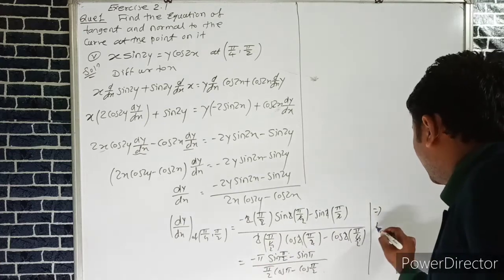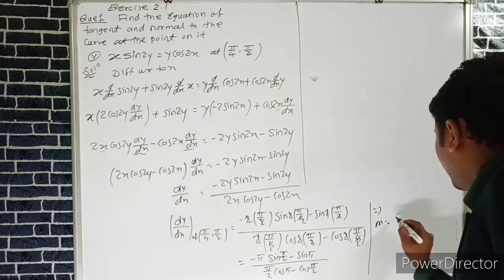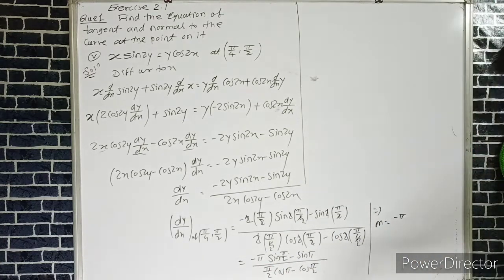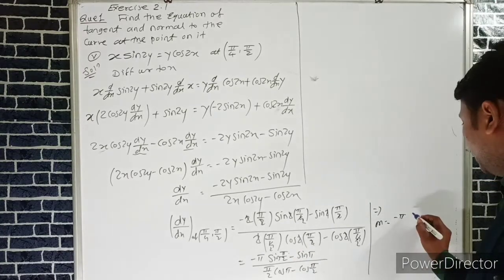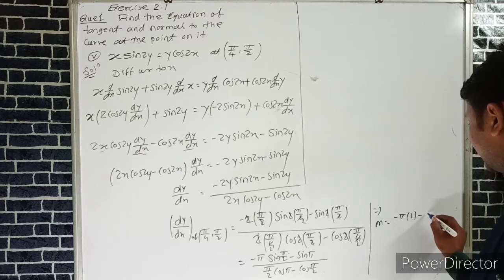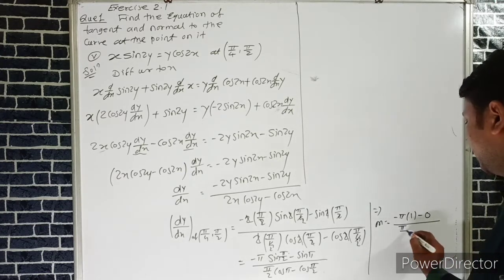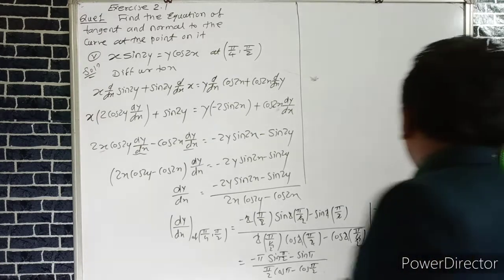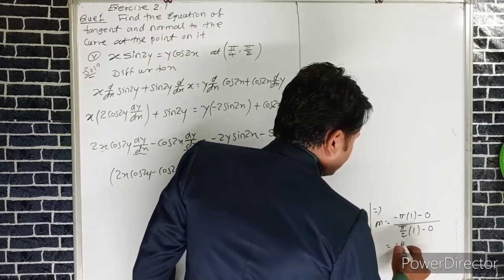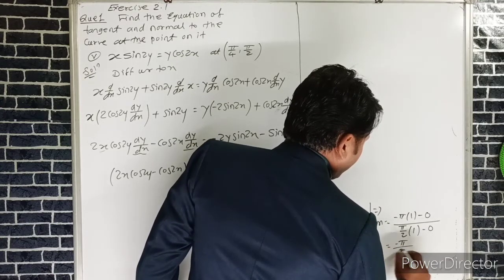m is equal to minus pi into the value of sin pi by 2, which is 1, minus sin pi, which is 0, upon pi by 2 into cos pi, which is minus 1, minus cos pi by 2, which is 0. Here we can write minus pi upon pi by 2.